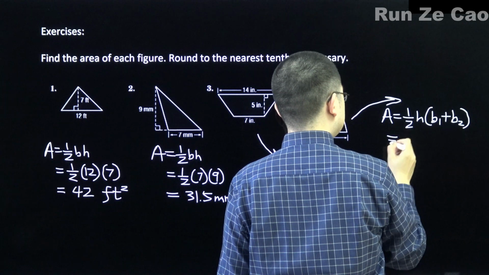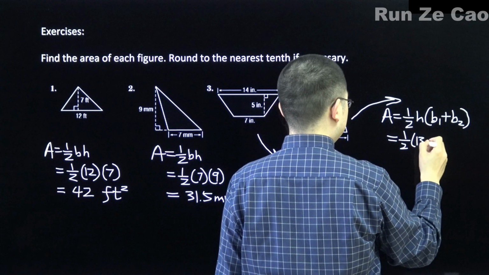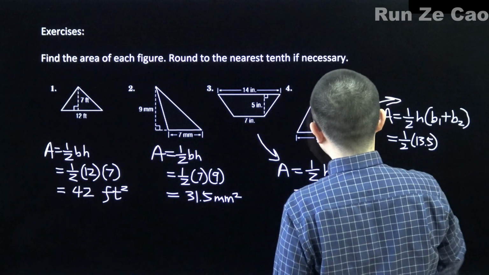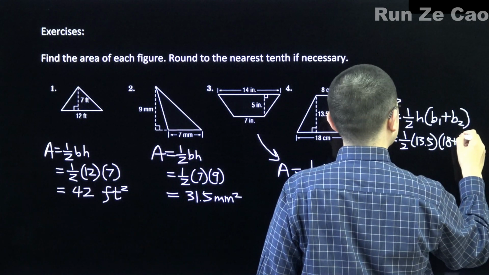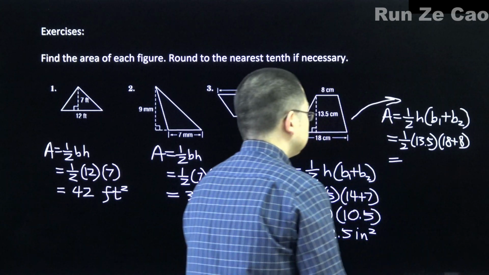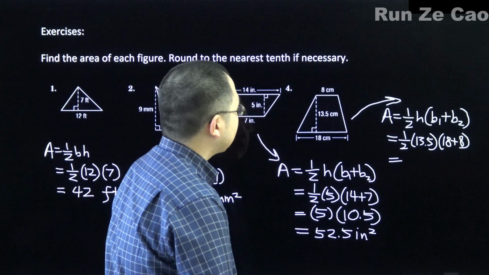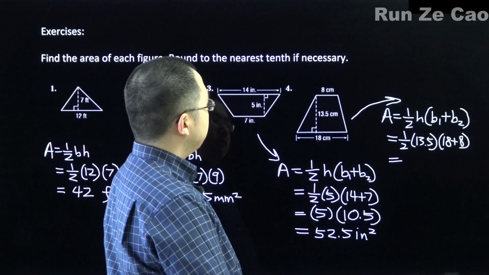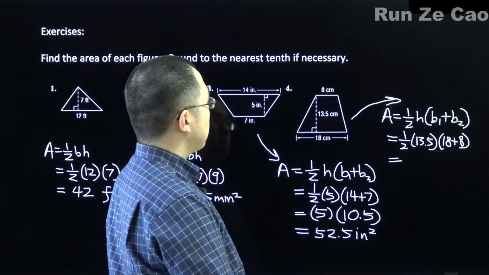Okay, so that's equal to 1/2 of 13.5 times base 1, which is 18, plus base 2, which is 8. Okay. And how can we make this multiplication relatively simple? 13.5 versus 26.